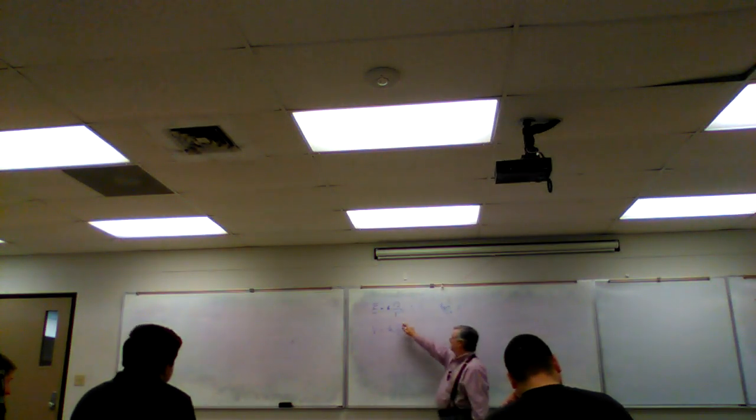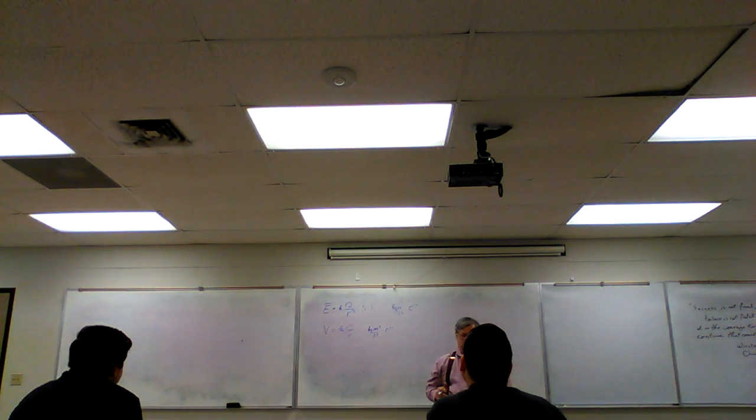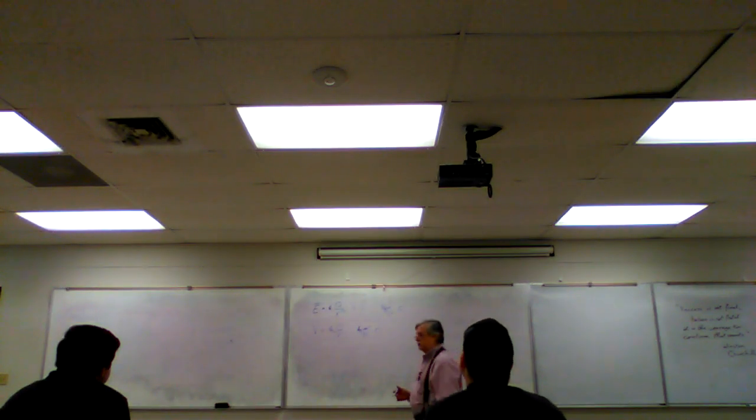All we did here was multiply by meters. That gives us units here of kilograms meters squared per second squared per coulomb. What's a kilogram meters squared per second squared? It's a joule, isn't it?